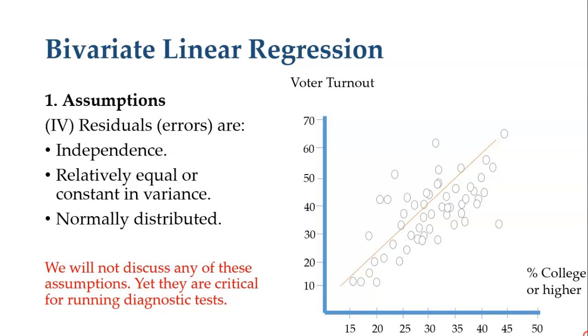The assumptions that you have in a linear regression is that the errors are independent from each other, their variance is constant or tends to be constant, and that they are normally distributed. And this idea of being normally distributed is important because if they are normally distributed, basically they are canceling each other.